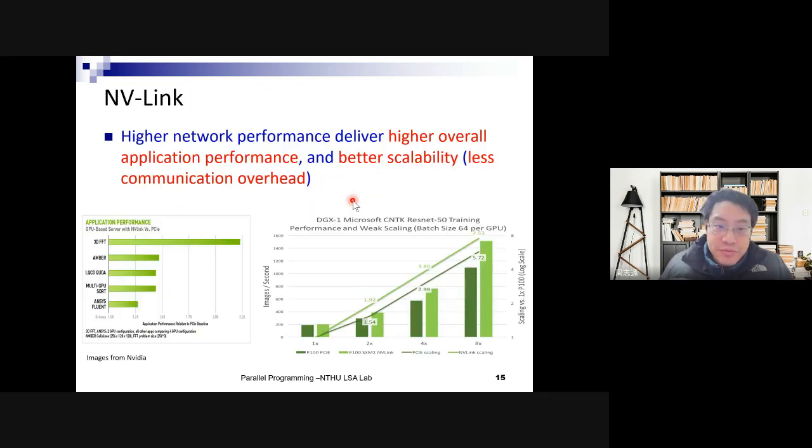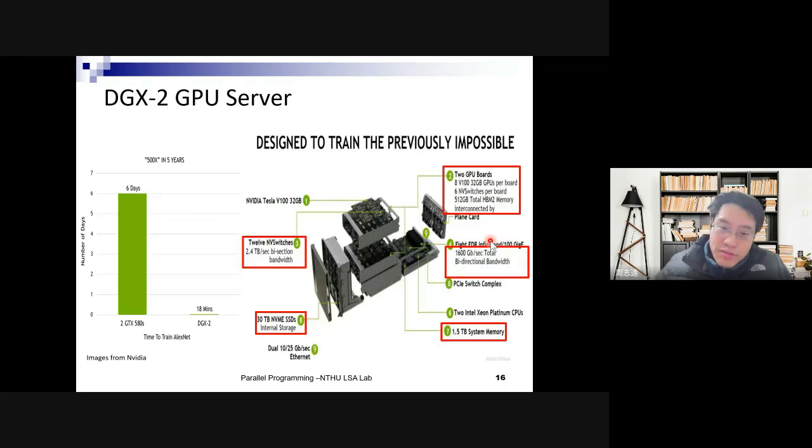Again, communication is important for parallel computing. So it's no surprise that with NVLink, you can see many performance plots showing it can provide much better scalability for the parallel computing application. This scalability is what we care about for parallel computing, especially at larger scale.